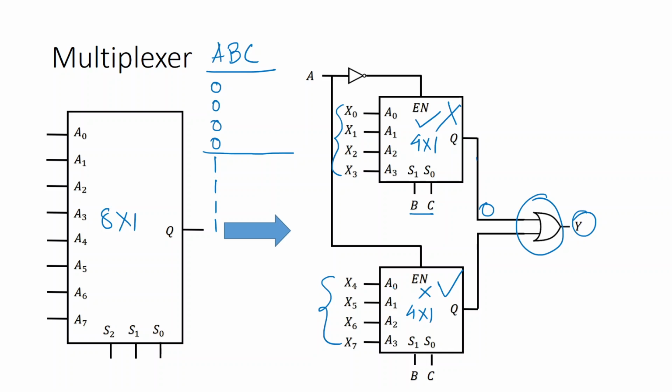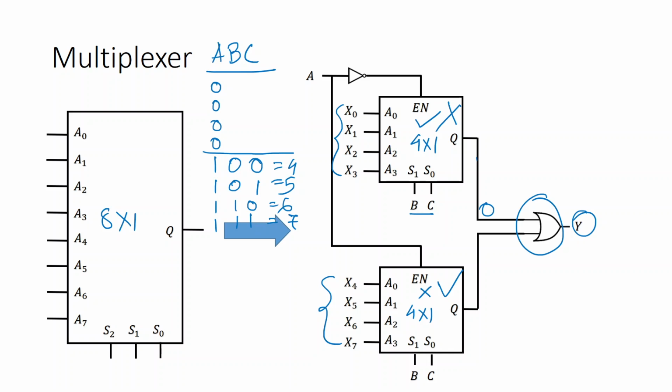When BC is 0 0, you read ABC, this is 4, so X4 is going to come. When BC is 0 1, X5 is going to come. BC is 1 0, X6 is going to come. BC is 1 1, X7 is going to come. So I hope you understand how this circuit is behaving like an 8x1 multiplexer.